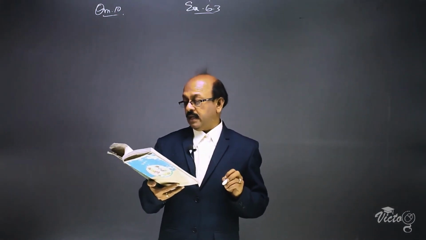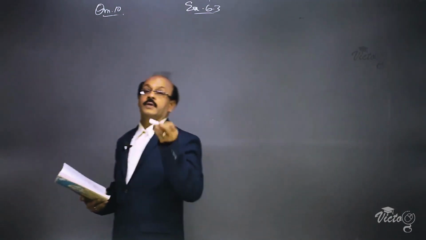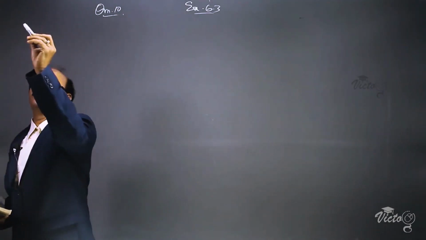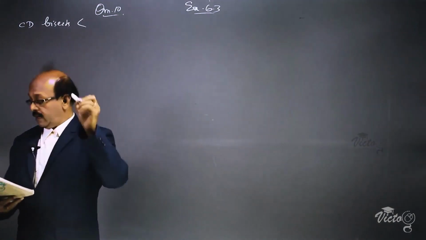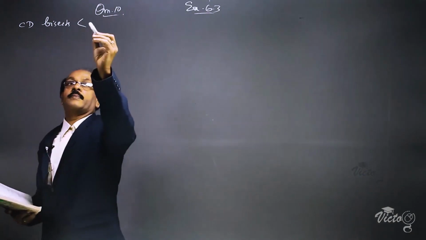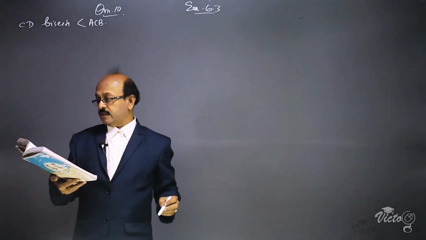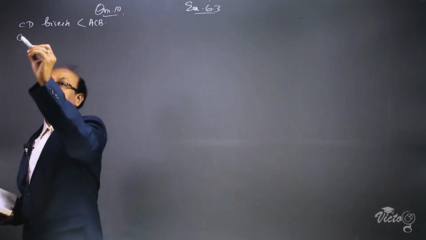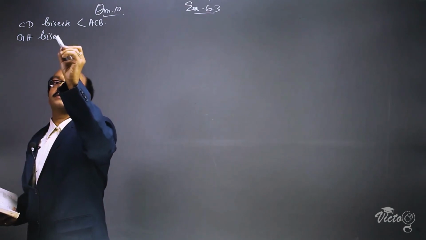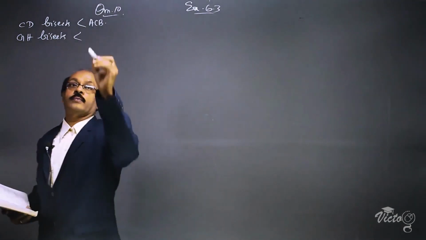CD is the bisector of angle ACB. It is given in the question that CD bisects angle ACB and GH bisects angle EGF.